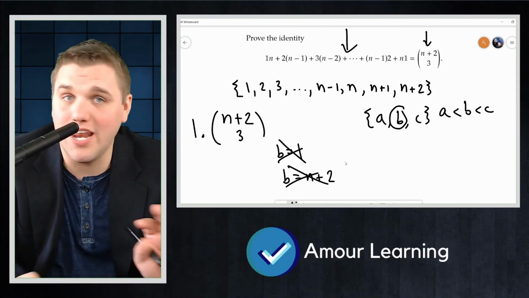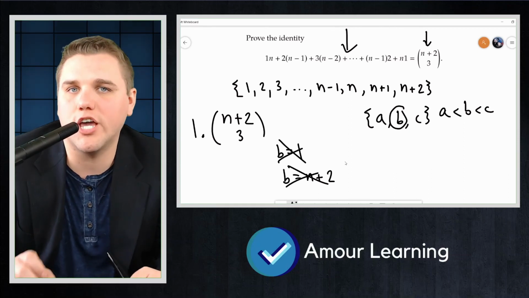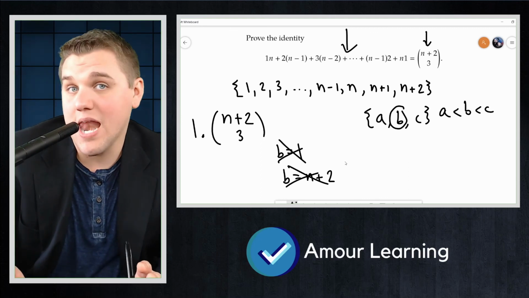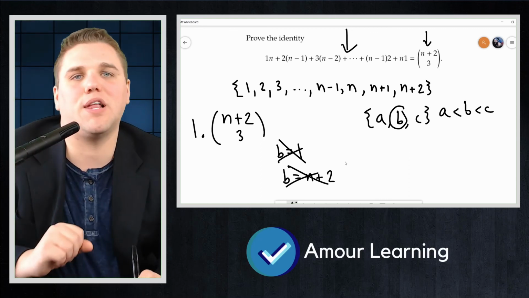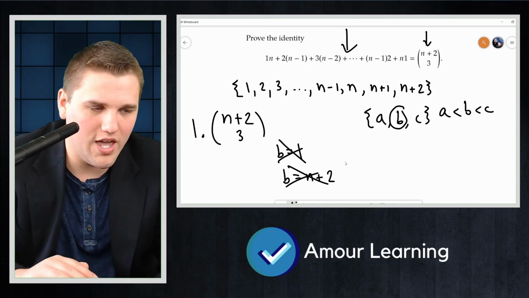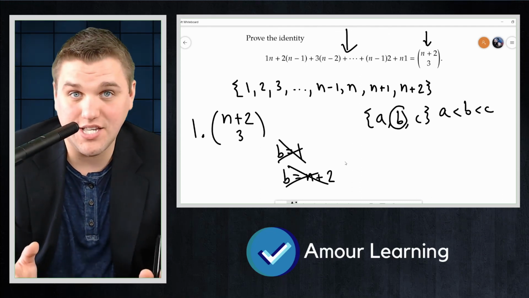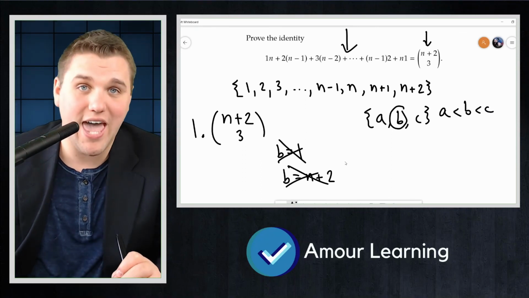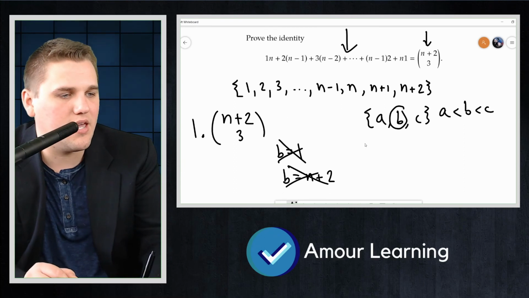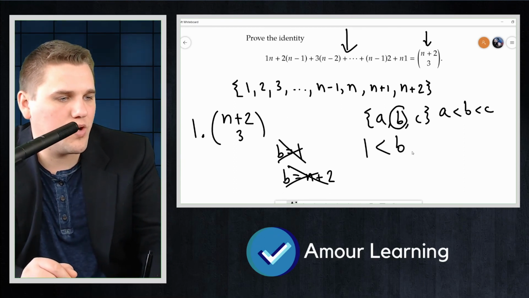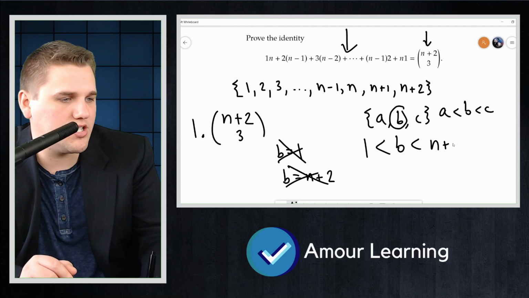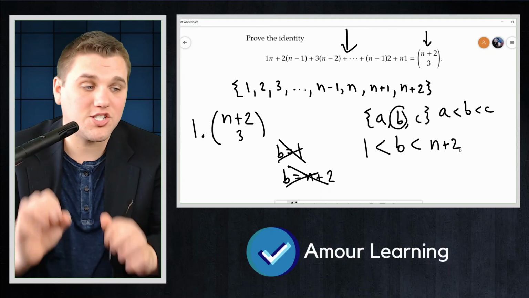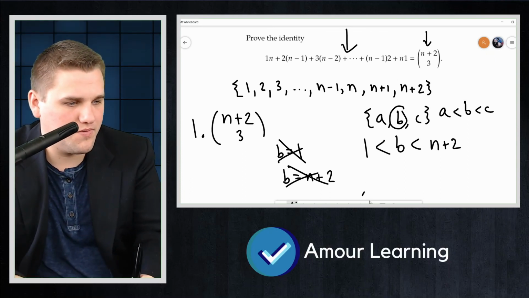But it could be any number in between: 2, 3, 4, 5, n minus 1, n, or n plus 1. It can't be n plus 2 because that messes up C, and B equals 1 messes up A. So B can be anywhere between 2 and n plus 1. We're going to go through each scenario. Let's start with B equals 2.